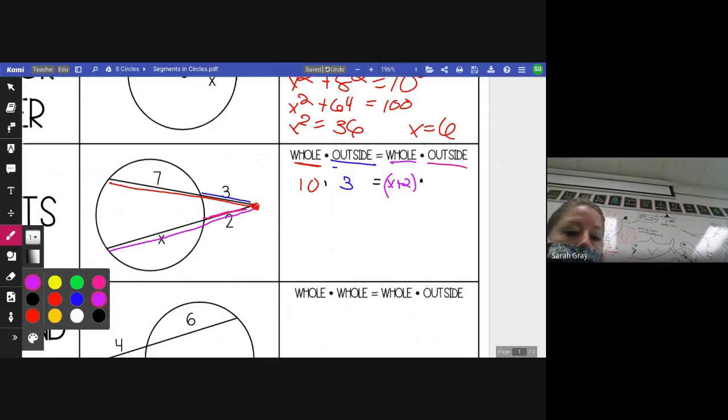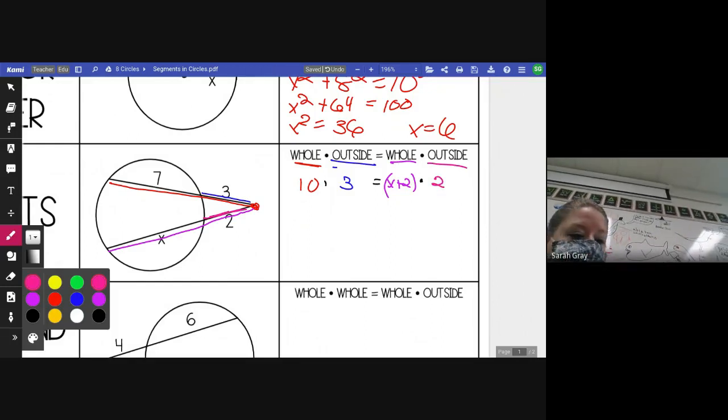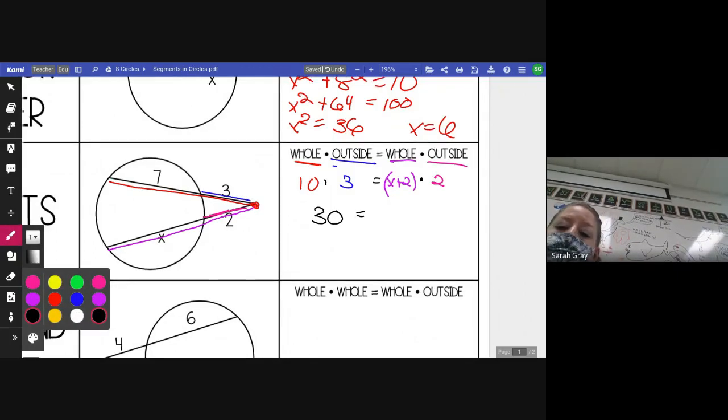And the outside of the bottom one is just 2. Whole times outside. So the left side's easy. That's just 30. On the right side, you have to distribute. That's 2x plus 4. 2x equals 26. So x is 13.